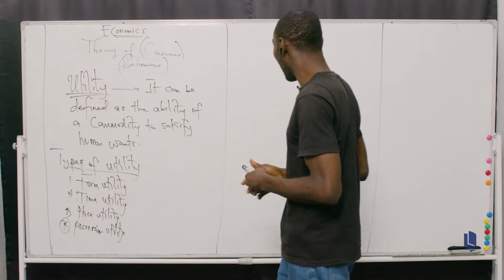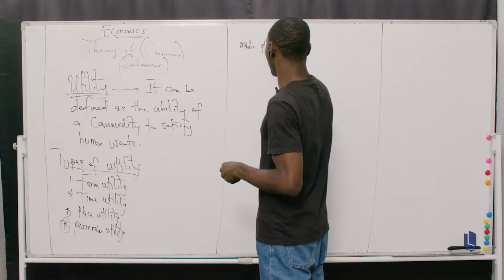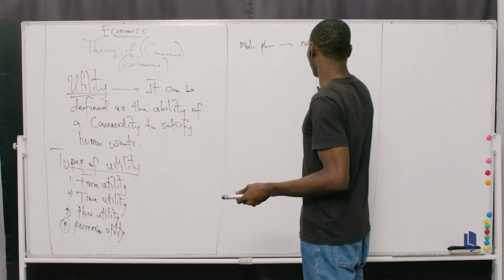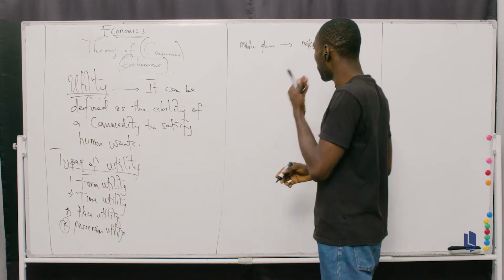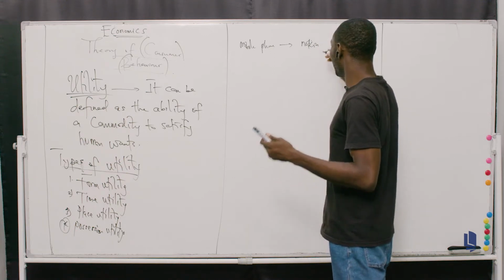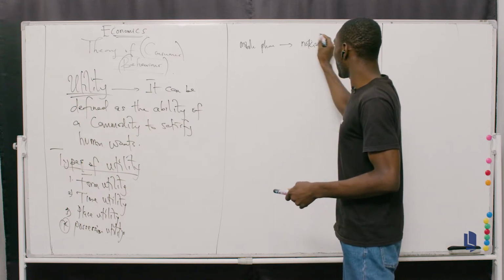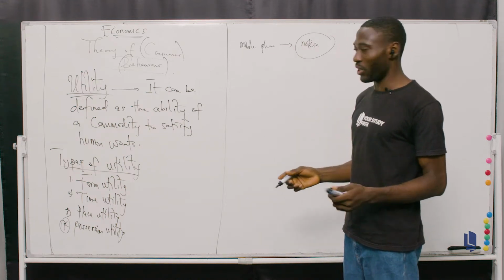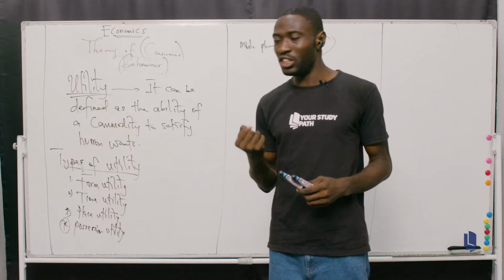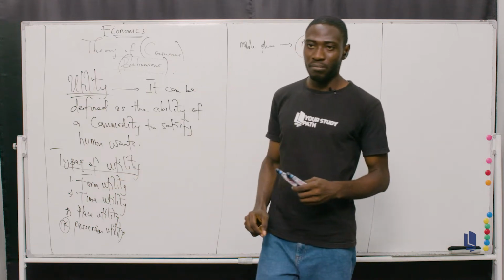So let's say I have a mobile phone, like a Nokia. When I'm using a Nokia phone, the utility I'm getting from using that phone is called form.